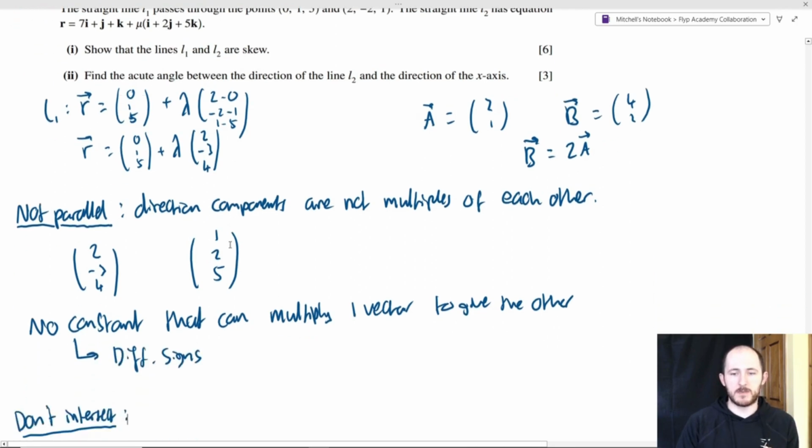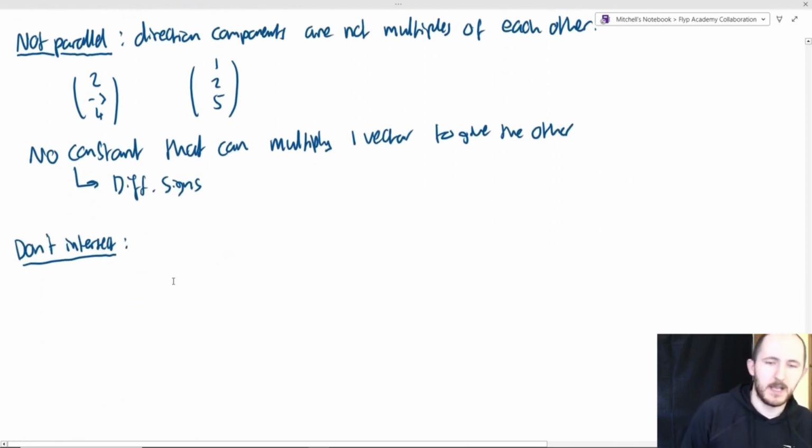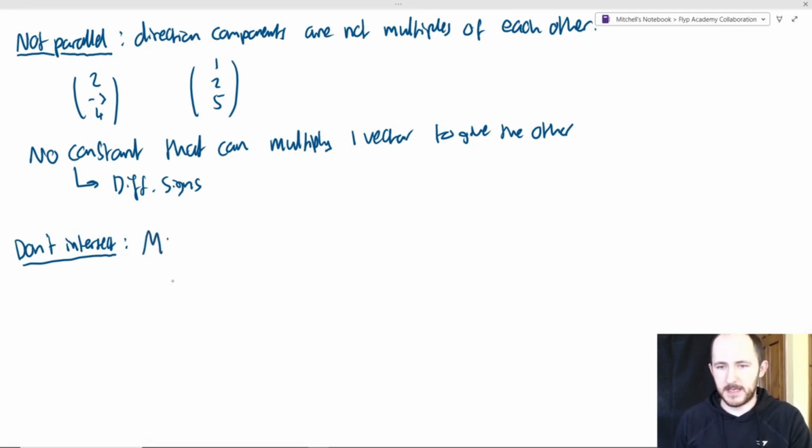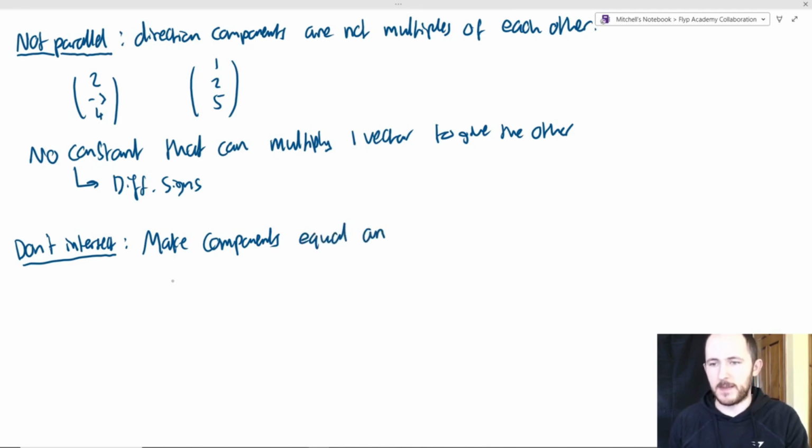So, just to make this clear, I'll write it out one more time. I'm going to write out the actual working out and it'll make a lot more sense. So, we're going to make components equal to each other, equal, and show there's no solution. For them to not intersect, we need to show there's no solution, okay?